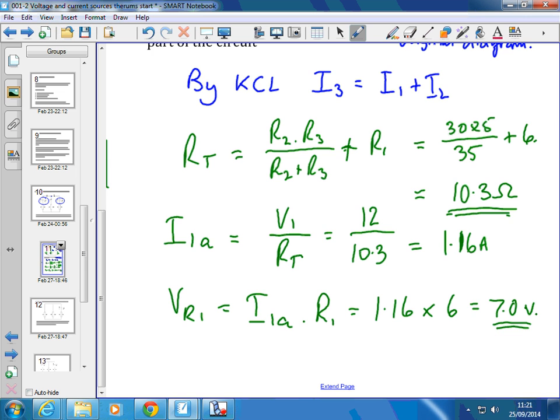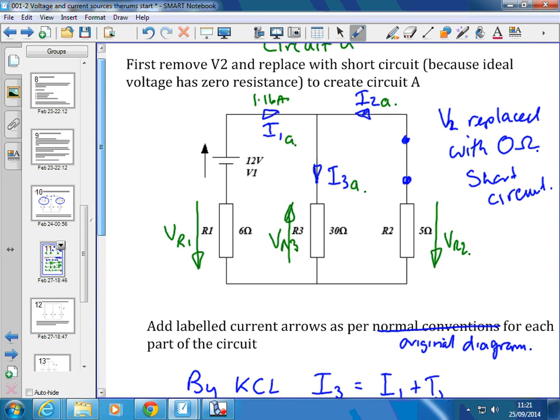Okay. So now we know that voltage. What else can we find? So this is 7 volts. 12 volts there. Yeah, we can find that. And or we can find that one too. If we find that one, what else does it mean we can find? I3A.